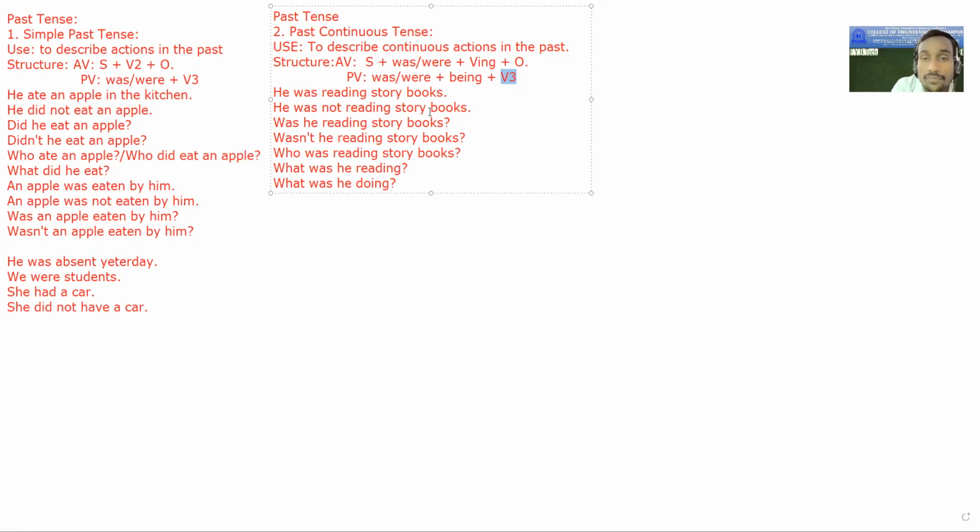Everywhere you are able to identify whether it is present, past or future, simple, continuous, perfect, perfect continuous, active, passive, verbal question, affirmative, negative, WH question, whatever it may be, because these are the only structures that we are using in English. If you see repeatedly, we have only these kinds of sentences. You cannot go beyond these structures.